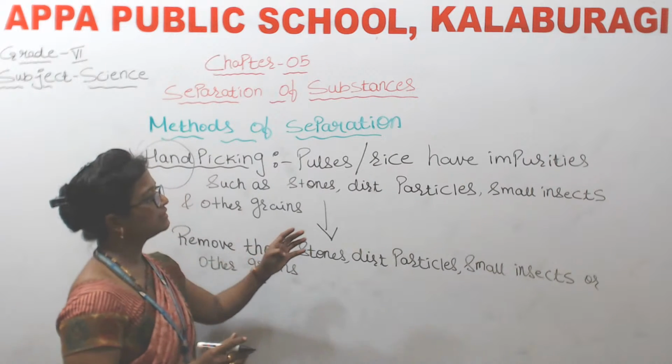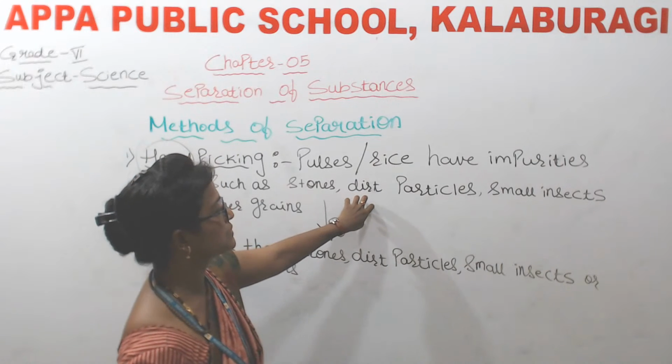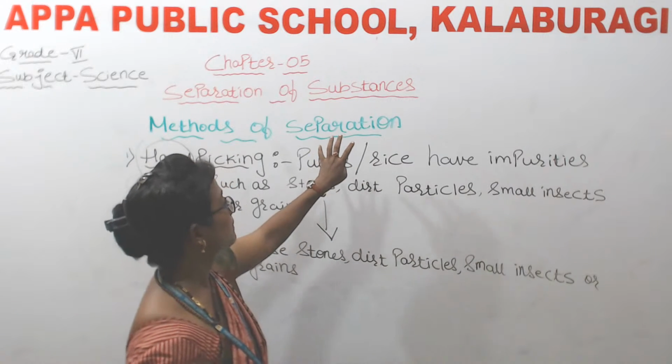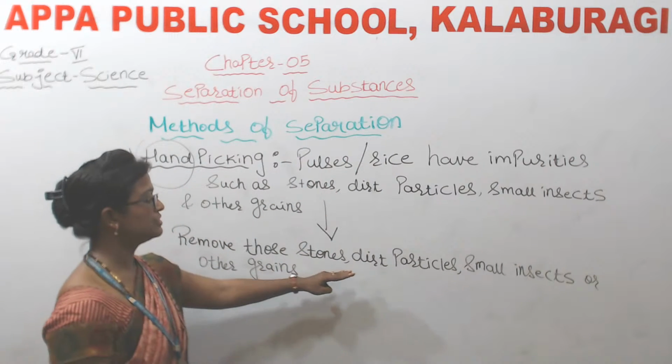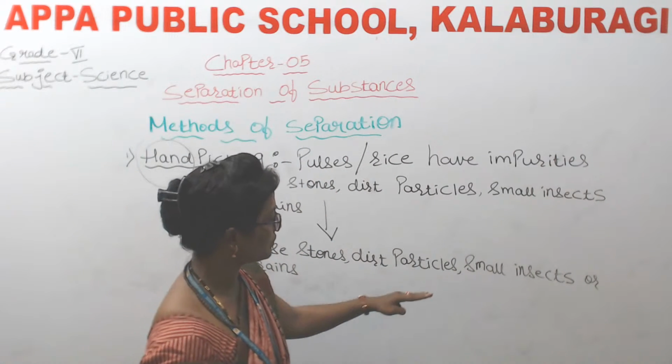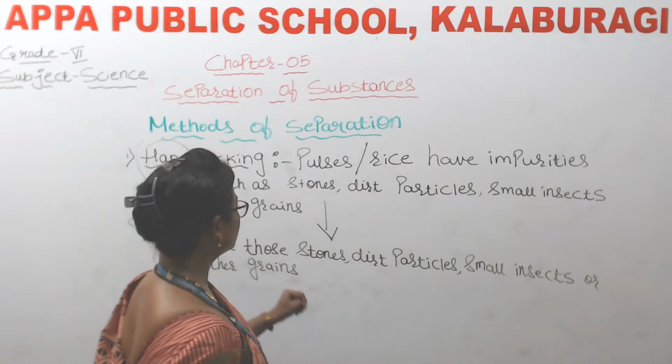So when the dirt particles or the stones or the small insects are present in the pulses or rice, we remove those stones or dirt particles or small insects or other grains.